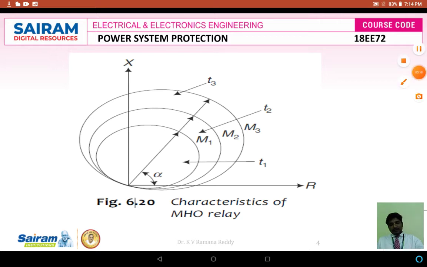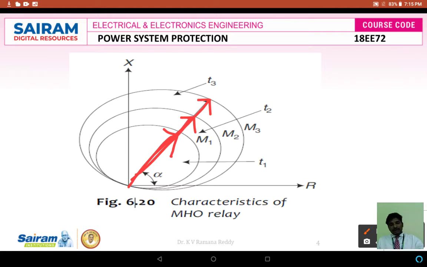If the fault lies within mode 1, the magnitude of admittance is this one. This length of arrow gives the magnitude of admittance at mode 1, this length gives the magnitude of admittance at mode 2, and this length gives the magnitude of admittance at mode 3 operation.